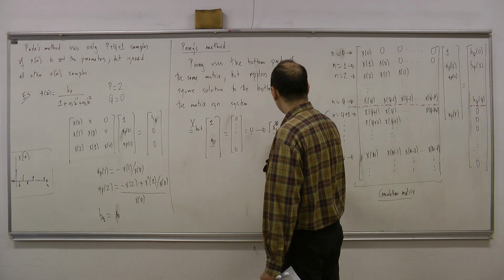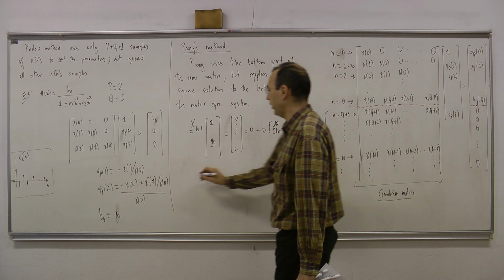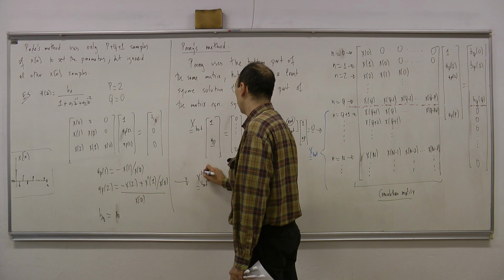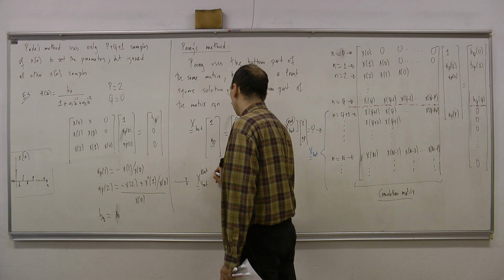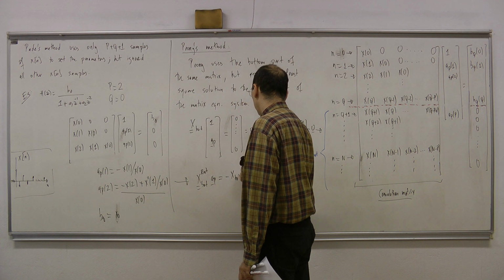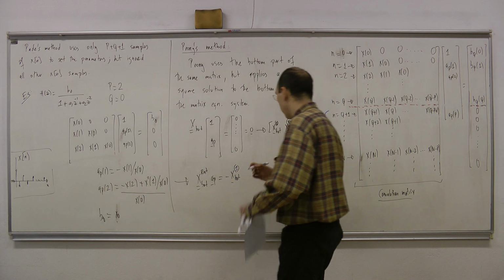Then, let me go this way. X bottom part of this rest of this matrix times AP unknown vector is equal to minus X bottom part of this first column.